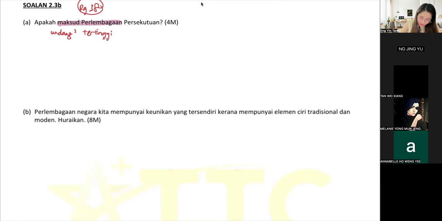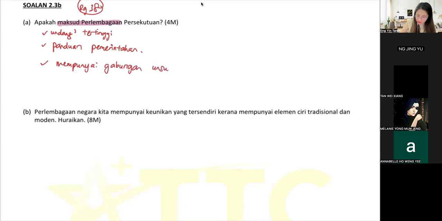Is it important for our government? Obviously it's important. That's why I say it's tertinggi. So it acts as a panduan. You can say pelembagaan menjadi panduan pemerintahan. That's how you should explain. And also, you can say our undang-undang includes unsur. Unsur apa? What concept do we have inside?